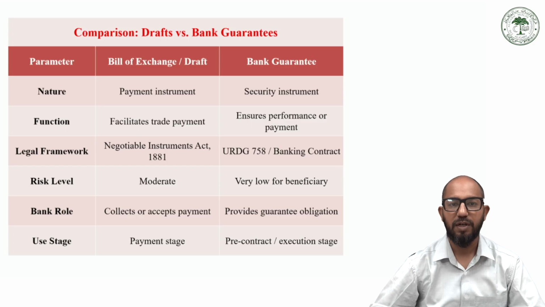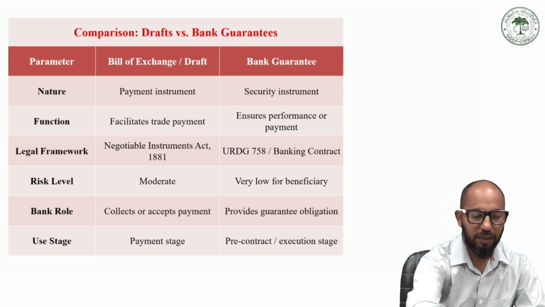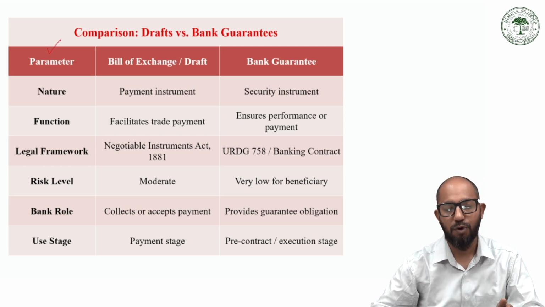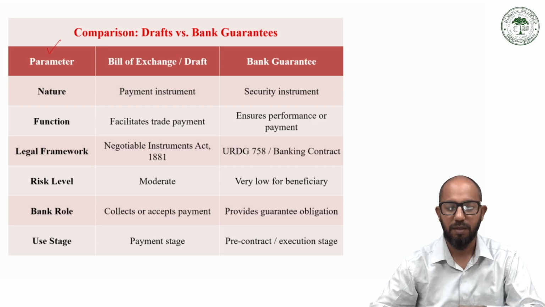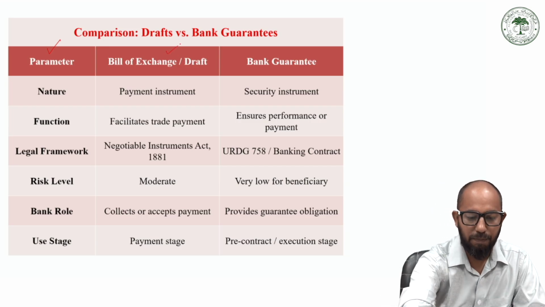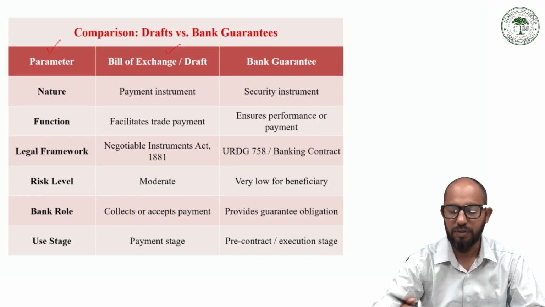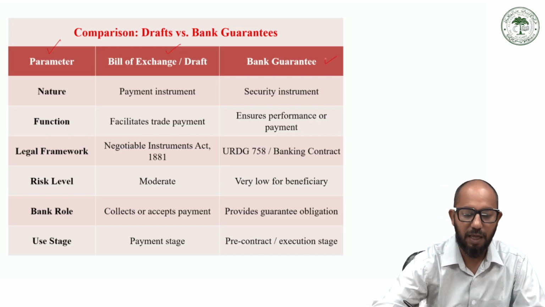Dear students, let us now try to compare drafts and bank guarantees. In the first column, we have the parameter based on which we are going to compare. The second column is for bill of exchange or draft, because they have the same features. And then we have the bank guarantee.